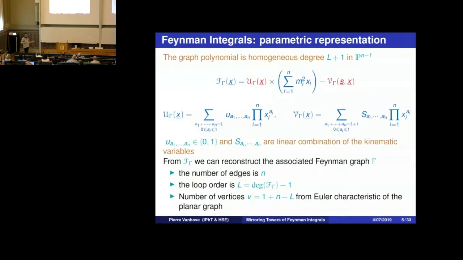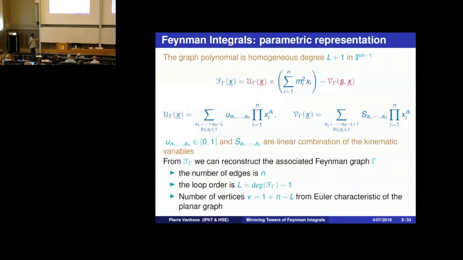If you come from string theory, if you like to think that the Feynman graphs come by degenerating a string, a Riemann surface with marked points, this is exactly the determinant of the period matrix of the degenerated Riemann surface. And V is the part that contains the kinematical variables.